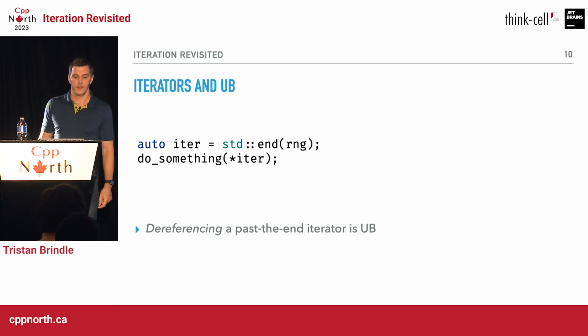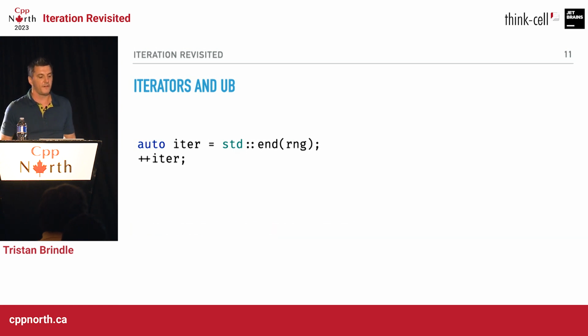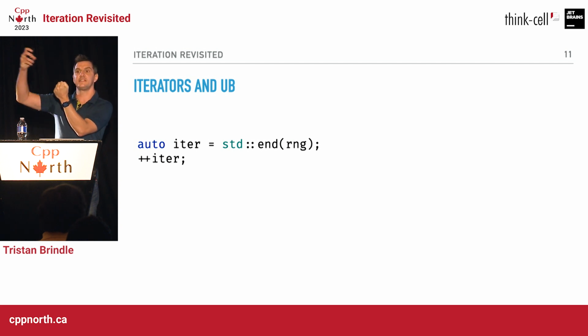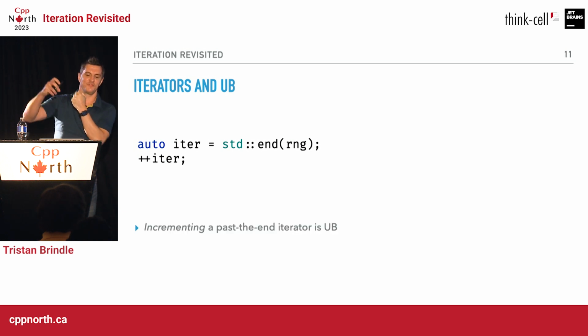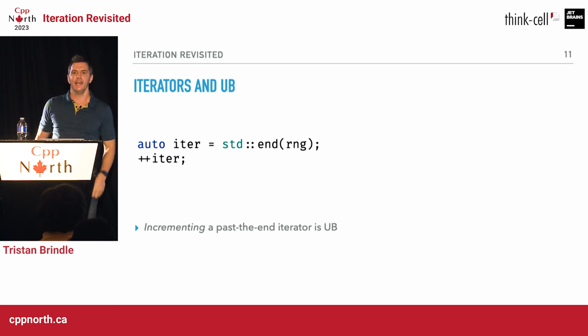Okay? So what if instead of dereferencing the iterator, I increment the iterator? So I have my past the end iterator, it's in the terminal position, and then I decide to call operator plus plus on that. A whisper from the front, undefined behavior, incrementing a past the end iterator is UB. And if you think about these in terms of array pointers, the language says we can form a pointer to the address that's one past the end of an array, but we can't form a pointer any further.